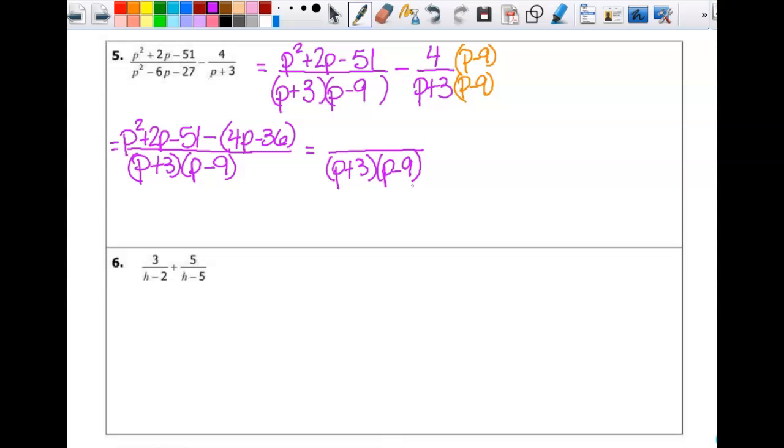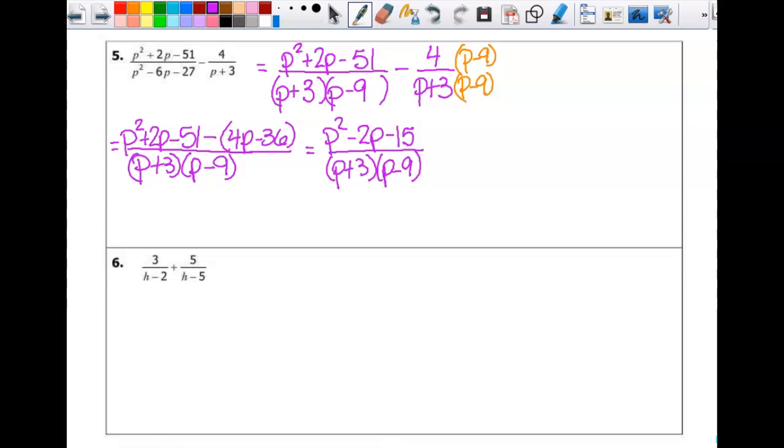So then I have p squared, 2p minus 4p is a negative 2p. Negative 51 minus a negative 36, what's that? Negative 15.